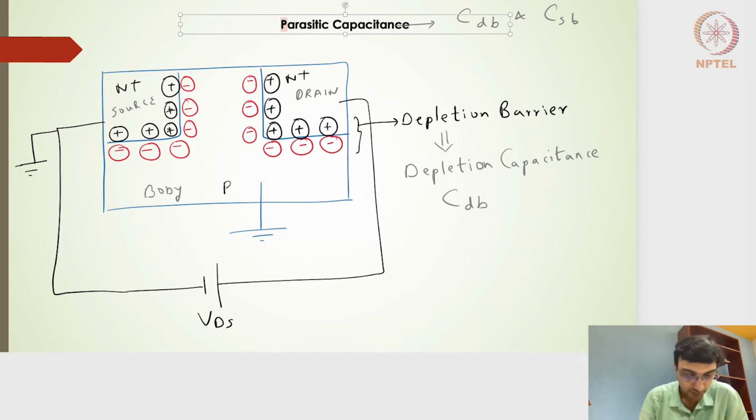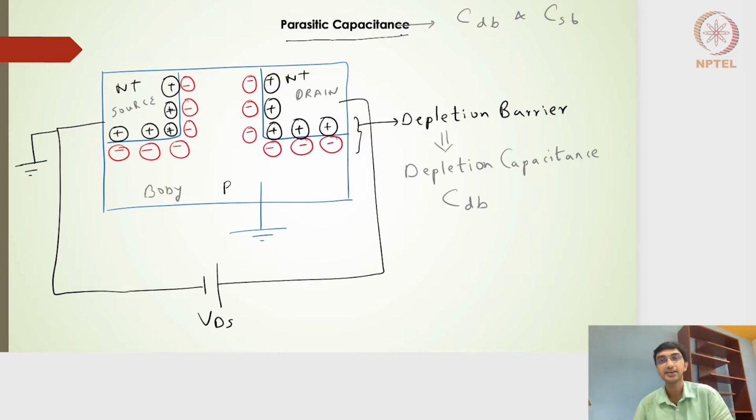It is called parasitic because it is derived from the word parasite, so we really don't want these parasitic capacitances in our systems, or we want to minimize them. If I consider the NMOS transistor, the body is p-type, and we have the pockets of n plus on the source and the drain side.